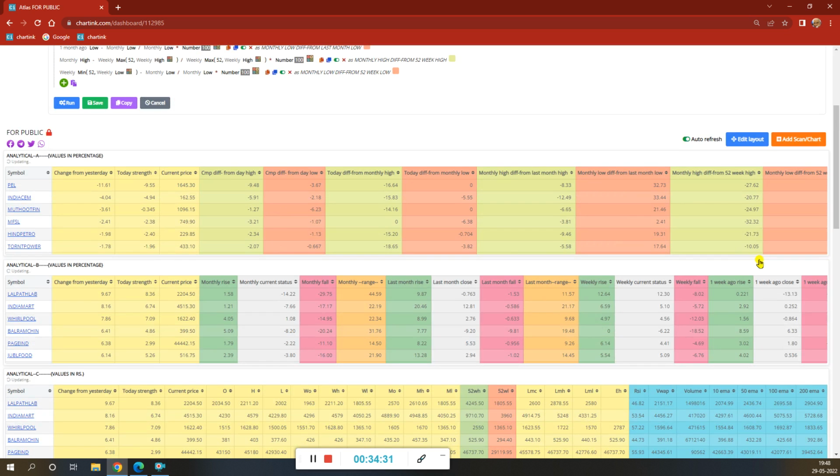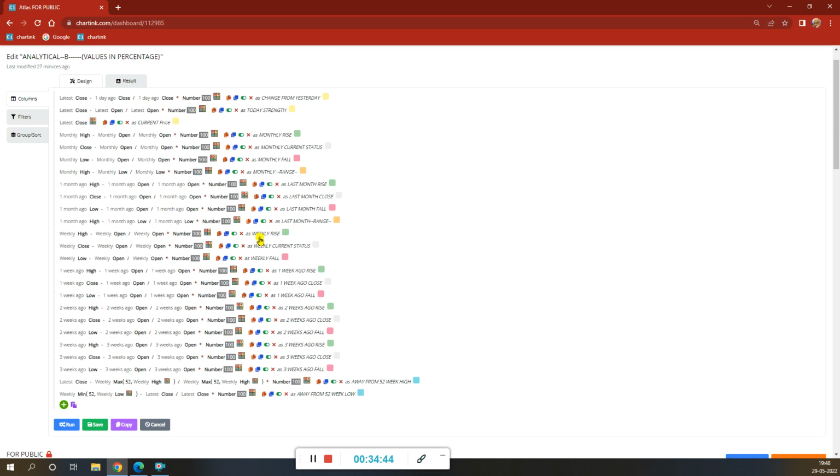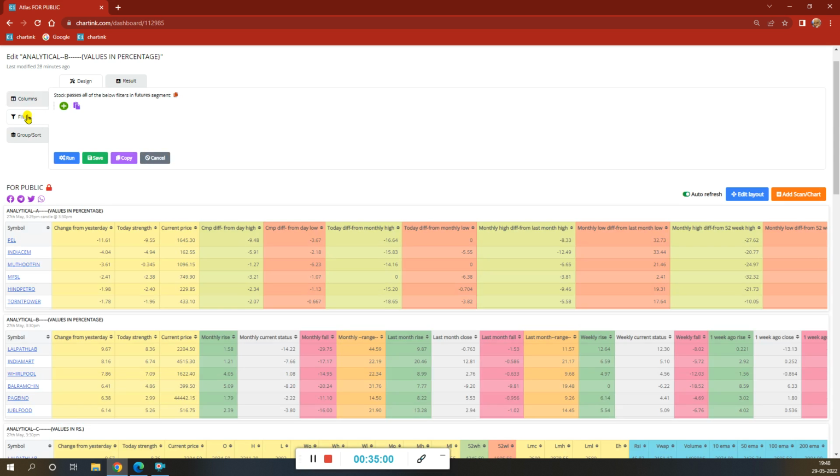Now further, we will look at this one. Okay, let's click on this. Once again, a long formula, long attributes, long combinations, and no strategy in the filter.